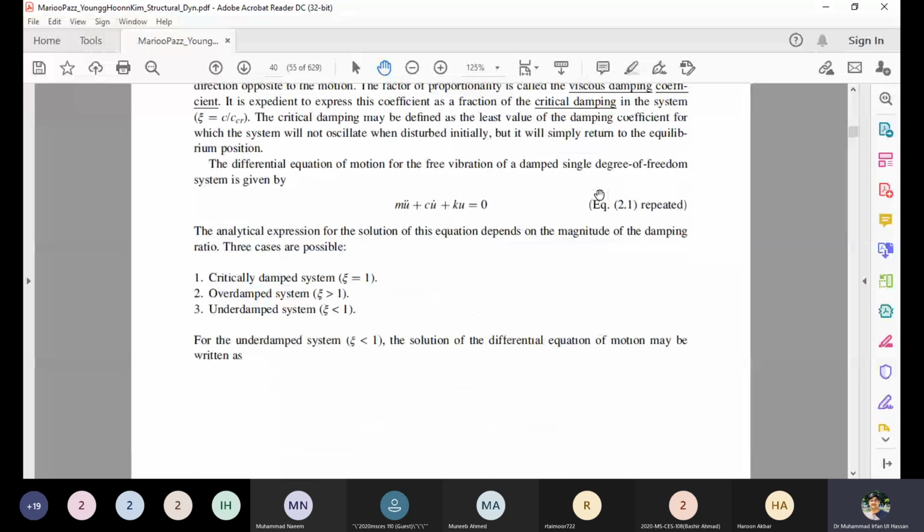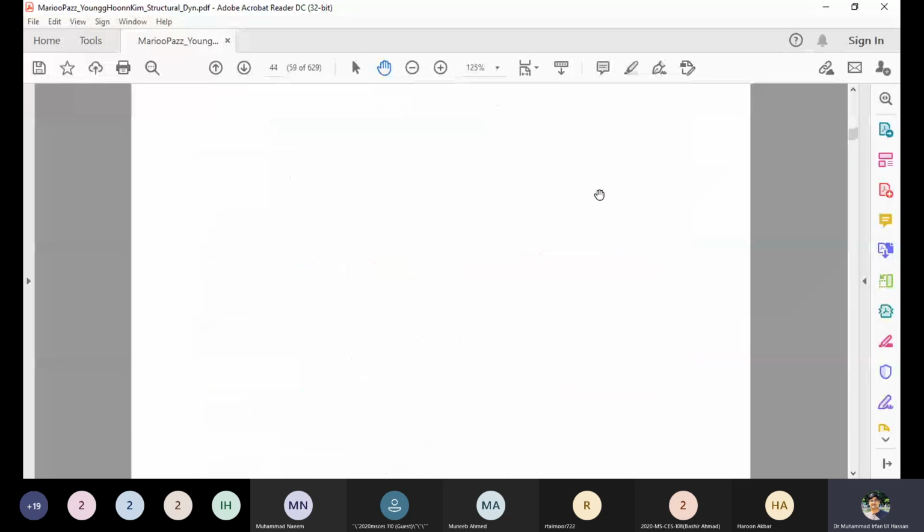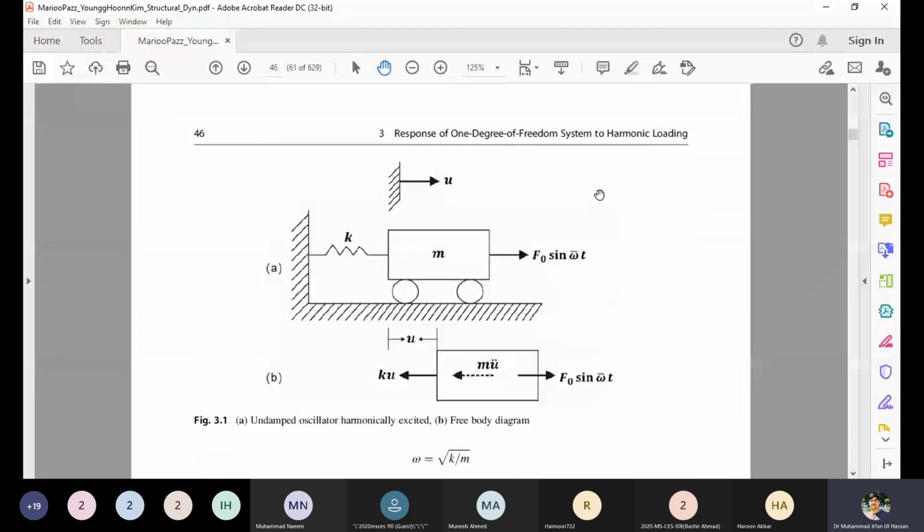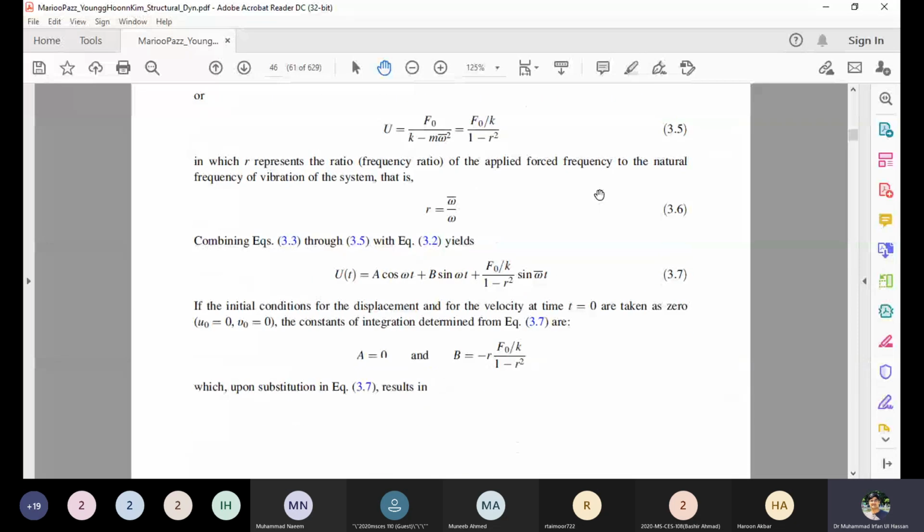So there are 4 graphs to plot. In chapter number 3, all of this was proved.